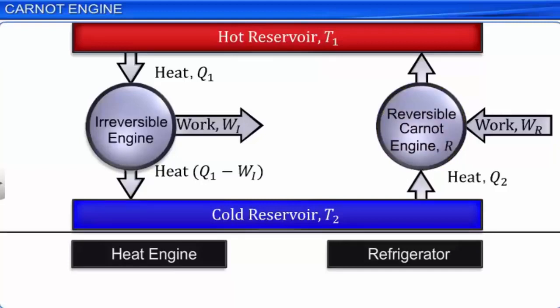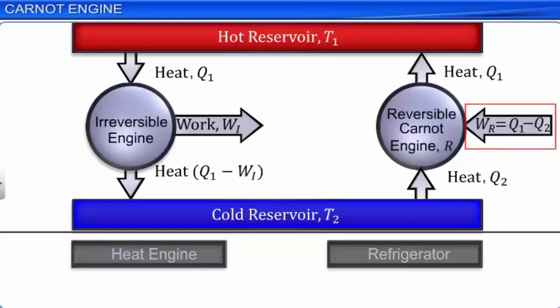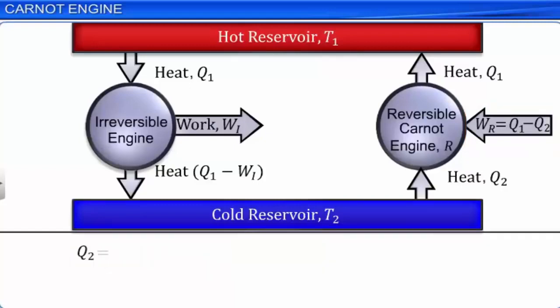Then the work done on the engine R, Wr, must be equal to Q1 minus Q2. This also implies that Q2 is equal to Q1 minus Wr. But as per expression 2, we know that Wi is greater than Wr. Then we can conclude that Q1 minus Wi is less than Q1 minus Wr.